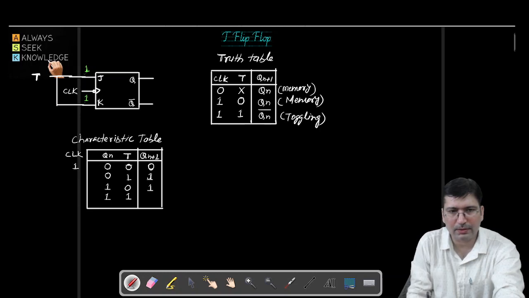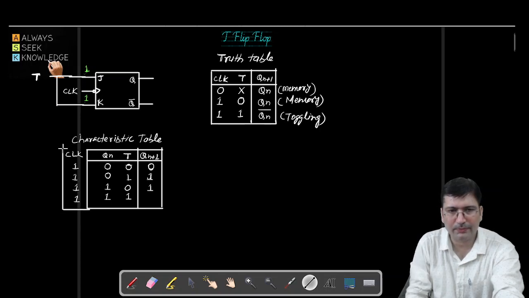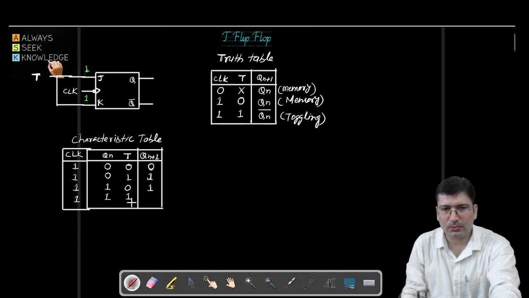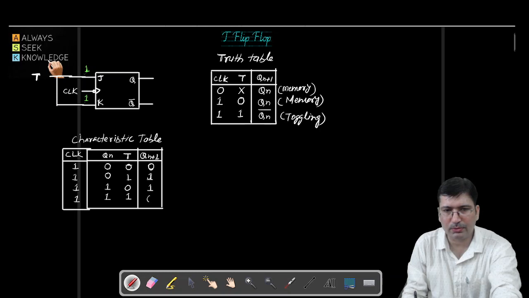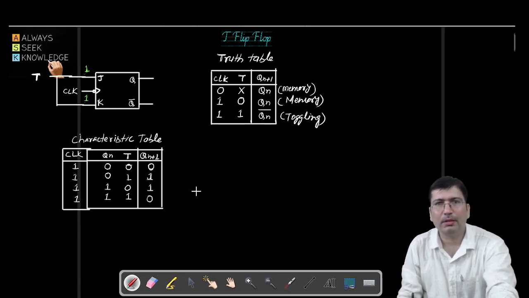So in every case I am considering clock is 1. In every case we have considered clock is high only, and based on that we are just writing these values. So in the last case, when clock is 1, T is 1, it will toggle the previous state, and the previous state was 1, it will give you 0. So this is the characteristic table of the T flip-flop.